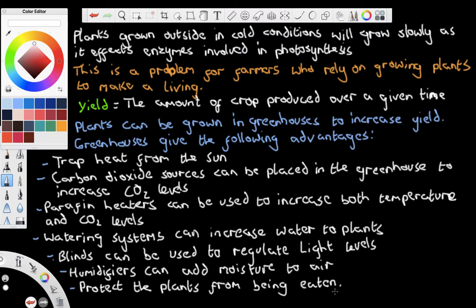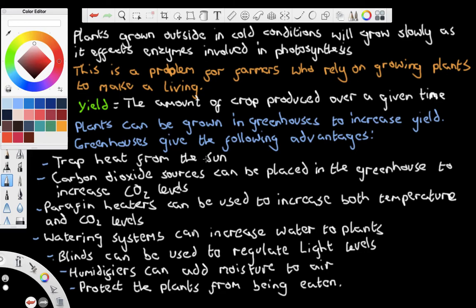Okay, so plants, if they're grown outside, grow far too slowly. This is because it's too cold and therefore the enzymes are not working optimally. This can be a problem if you're a farmer and you rely on growing plants to make a living. You want a high yield of plants, which is the amount of crop produced over a given time. To overcome this, plants can be grown in greenhouses to increase their yield, and the greenhouses give the following advantages.